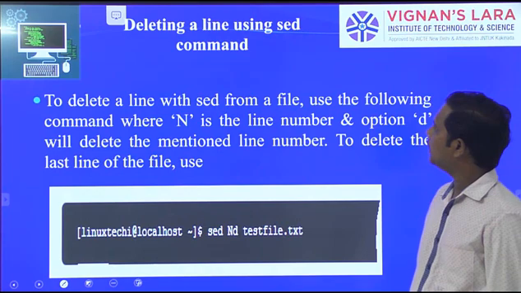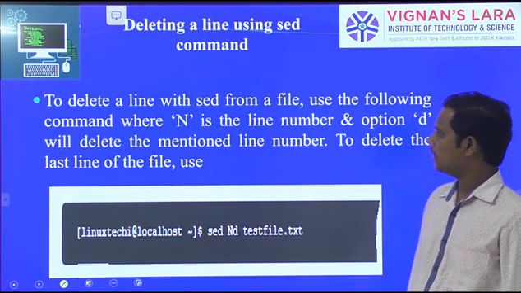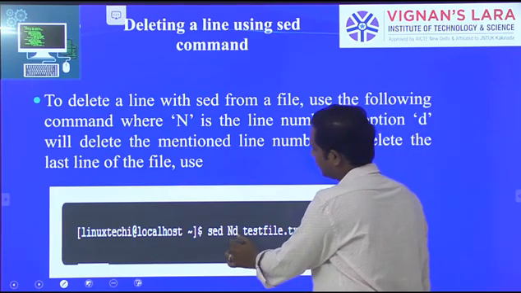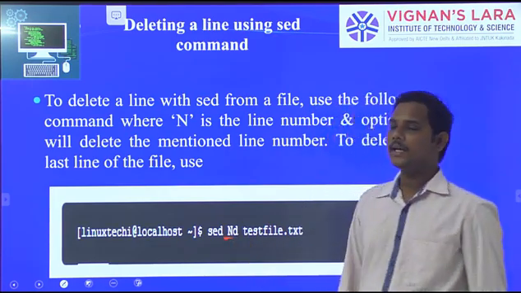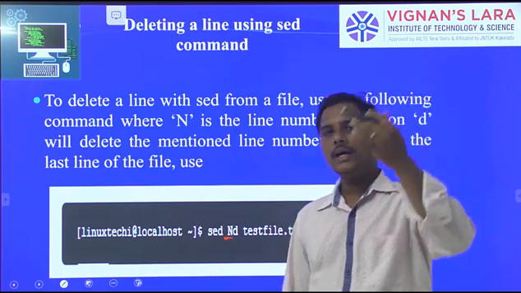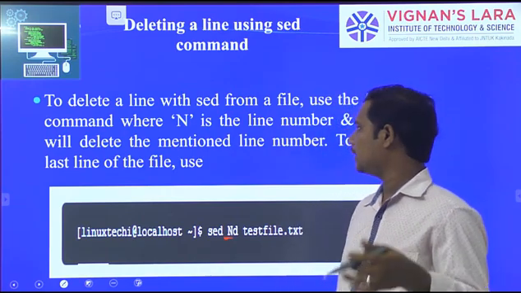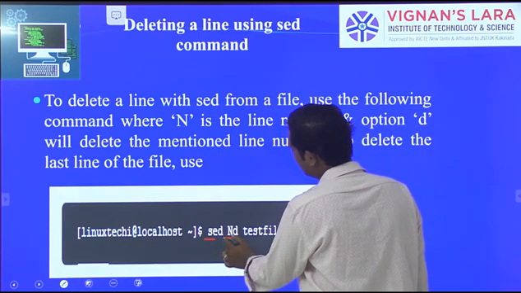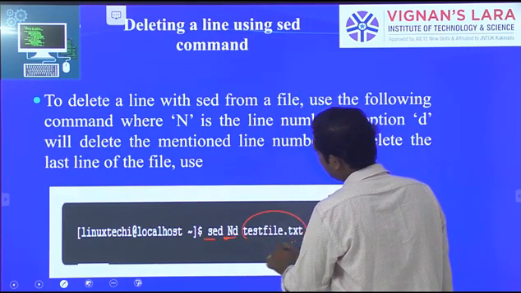Next, deleting lines using the sed command. How are we deleting? Here capital N means the nth line, and d means delete. The nth line will be deleted using sed, space, Nd, in this particular file.